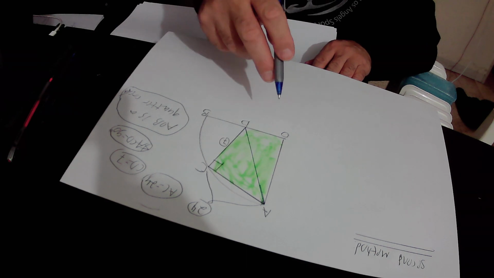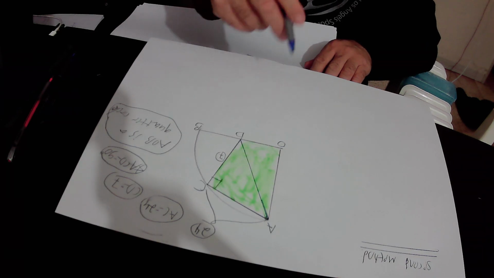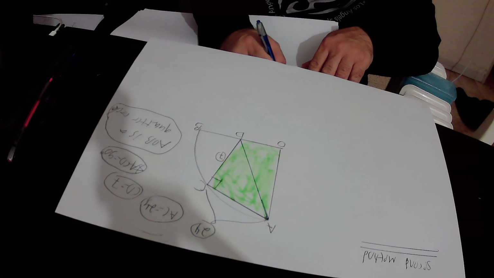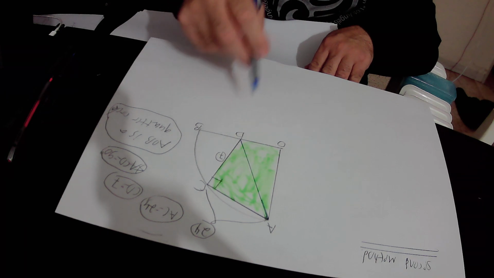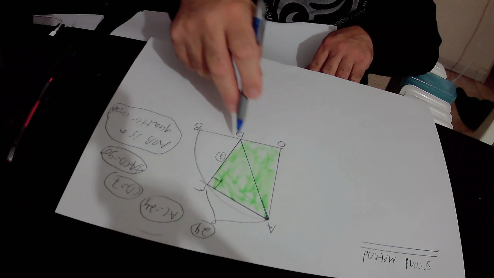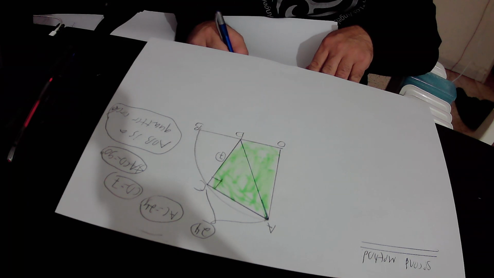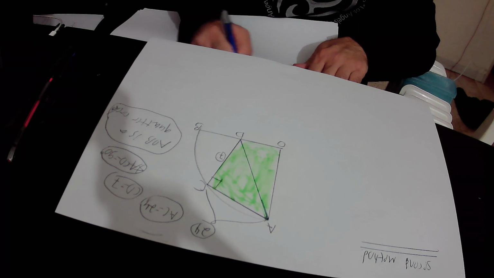We're talking about the right triangle ACD. We implement the Pythagoras theorem on this right triangle ACD in order to find out the length of the hypotenuse AD.